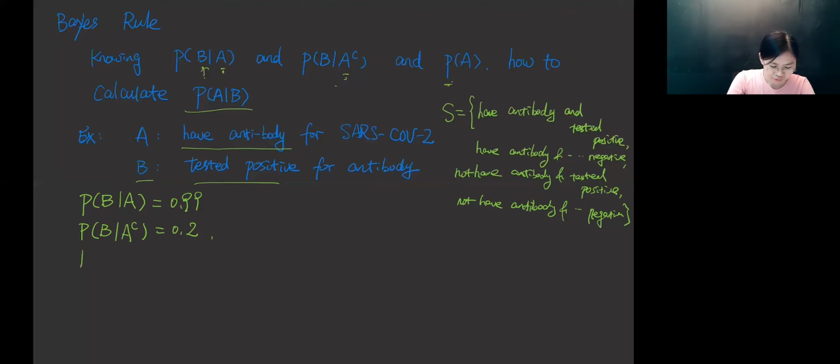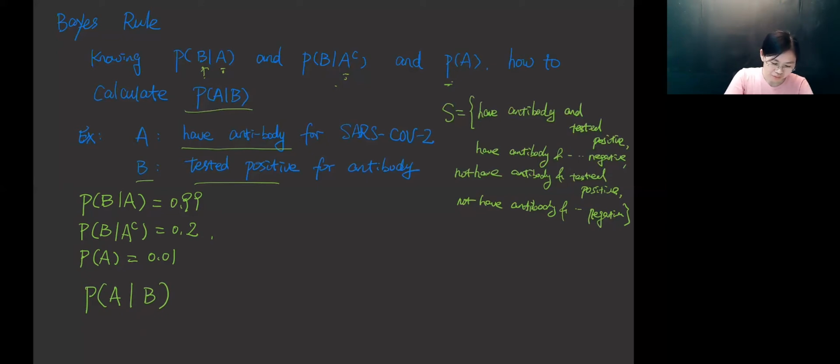And suppose that before the testing you believe the probability that you have the antibody is 0.01. That's 1 in 100. Now suppose you are tested positive, what is the probability that you actually have the antibody? The conditioning event is that you are tested positive for the antibody, and the event you are interested in is whether you do have the antibody or not.